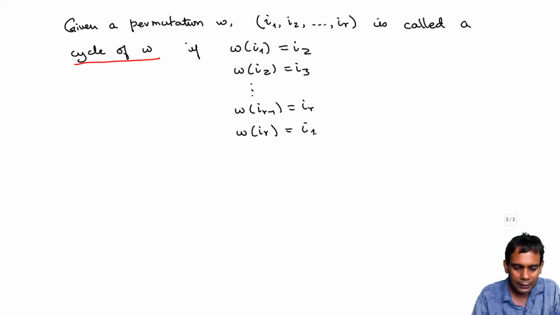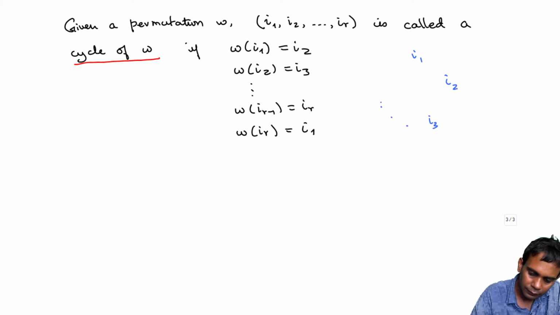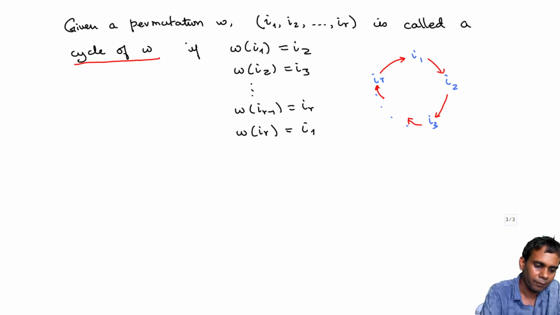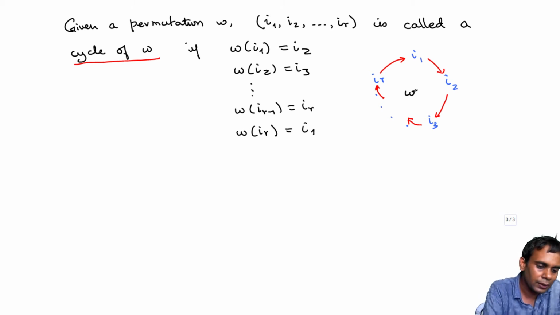So what happens is that these elements I1, I2, up to IR, the element W cycles them. And each permutation W in Sn has a cycle decomposition.